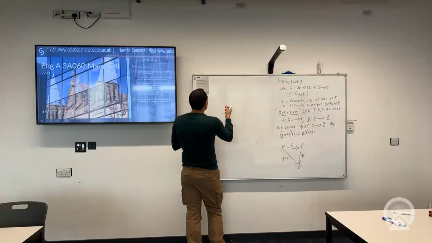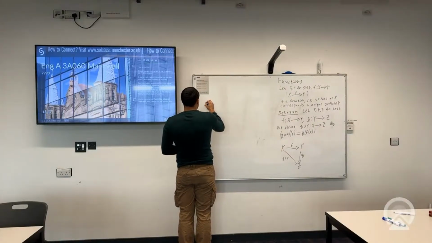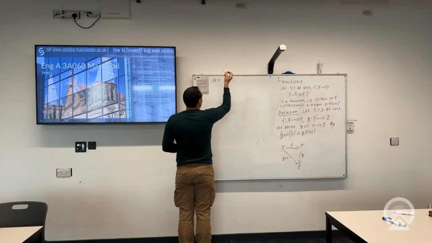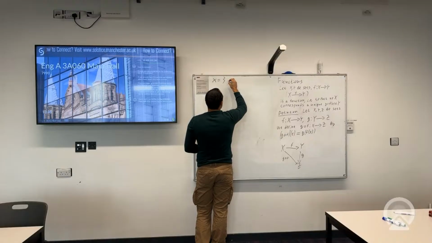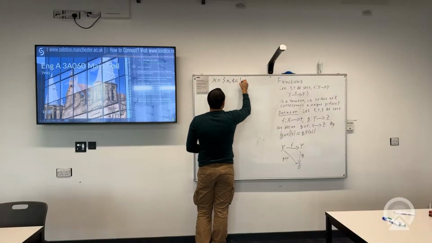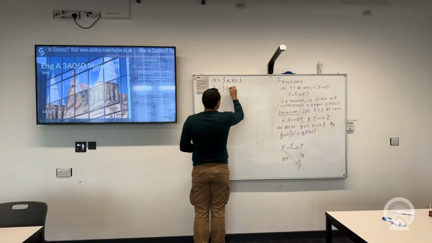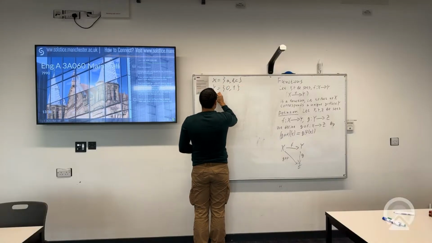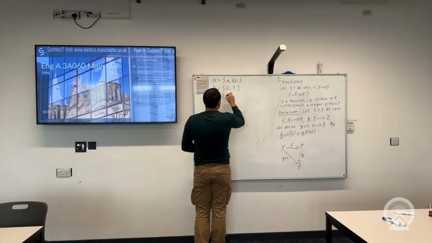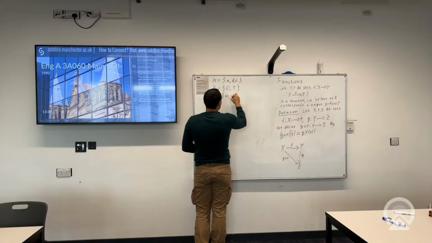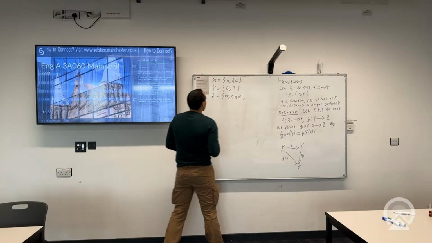Okay, so if we have, for example, set X, it has three elements: A, B, and C. Y has two elements, 0 and 1, and Z has 4 elements: W, X, Y, Z. And we have the following functions.